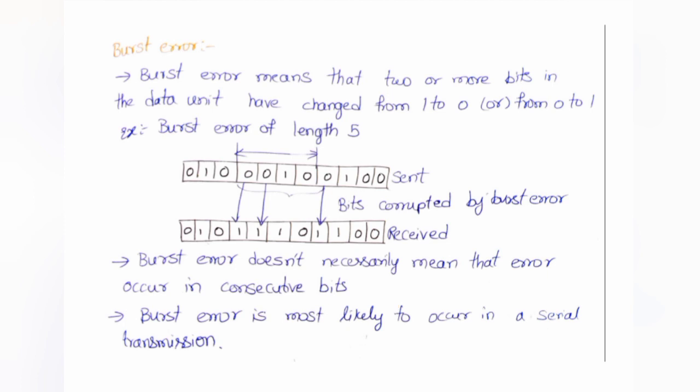The first 2 bits are changed to 1 and the remaining are the same, and at the last one, 0 is changed to 1. So here the burst error is of length 5. Burst error is most likely to occur in serial transmission, while the single bit error occurs in parallel transmission.